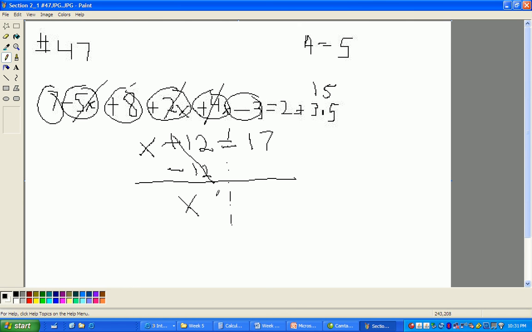So our answer is x is equal to 5. And sure enough, that's what we got here. Again, we can check our work by plugging in the value of x equals 5 into our first equation, and we'll find that the equal sign is true. Let's go ahead and save this.